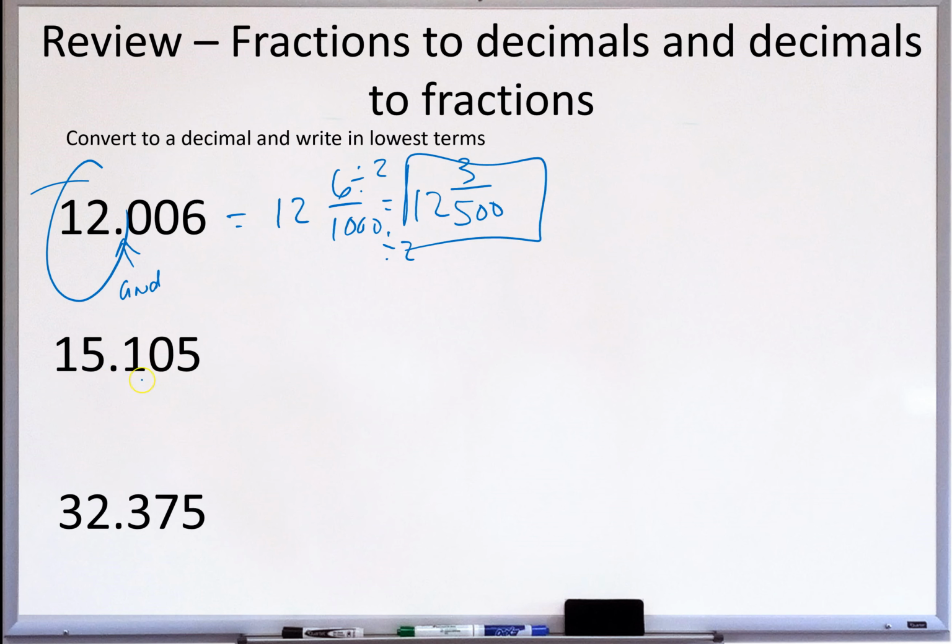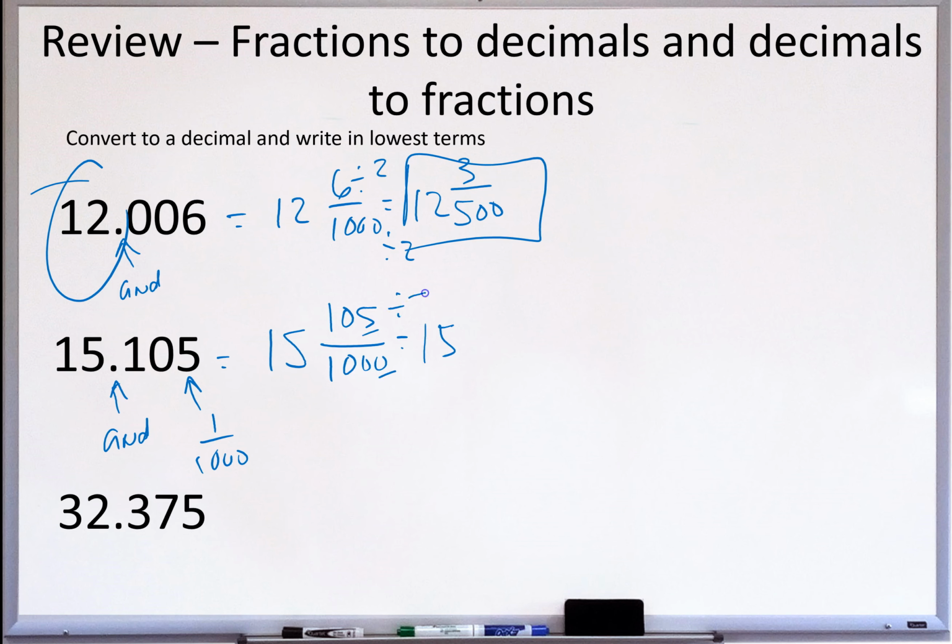All right, 15 and 105 thousandths. 15 and 105/1,000. I'm in the thousandths place. So I know I can divide it by 5 because it ends in a 5 or 0.